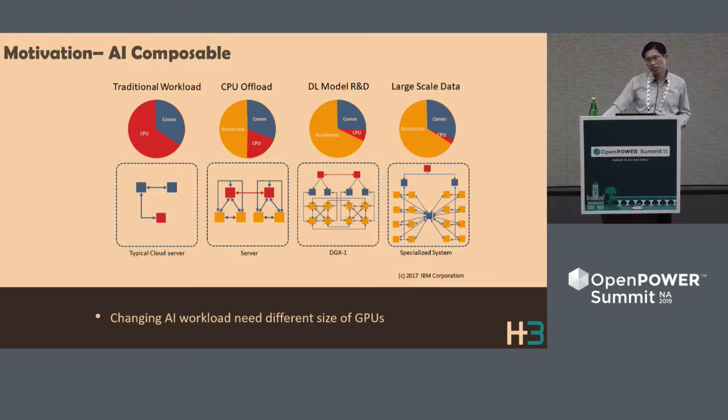So they put them in the same box and assign them to another host to test. The code moves to different devices to see the performance. So AI differs not just because of the algorithm, but also because of the device difference and the scalability. So there are 3 major motivations in composable AI.